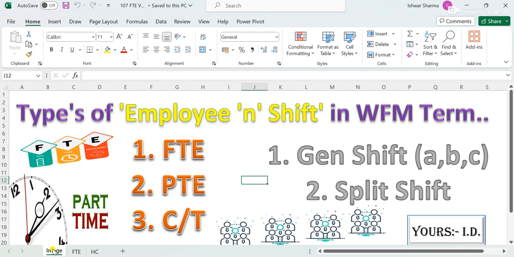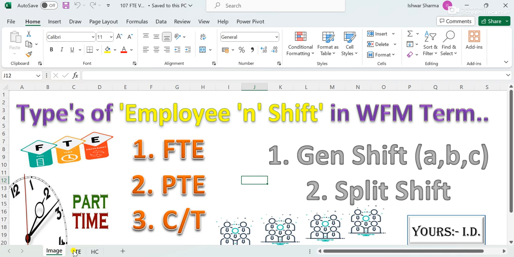Split shift means employees are called to come to the company and work for that day in two parts, like 4 hours in the morning and 4 hours in the evening, or as per requirements. A WFM team can design the split shift as per the nature of the work.